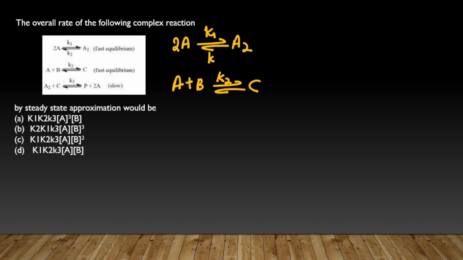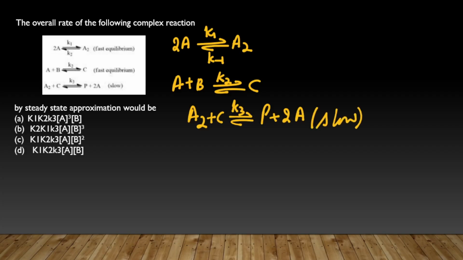And A2 plus C gives the equilibrium with P plus 2A, with the rate constant K3, and this is the slowest step of the reaction, and these two are the fast equilibriums. So fast equilibrium approximations we are going to use to find the rate of this reaction.